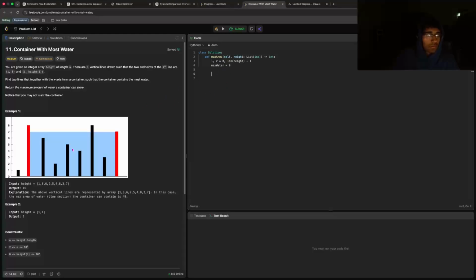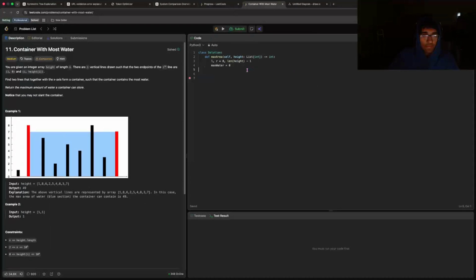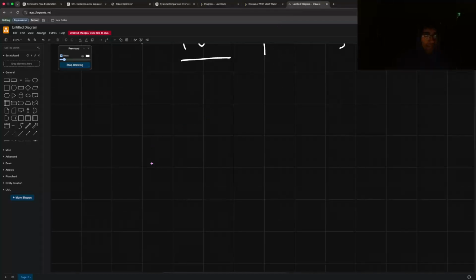Normally for a pointer solution, you have something written like while L is less than or equal to R. But to have a container, you can't have equal to. You can only have less than. Say this is an index, index 1 with the height of 8.